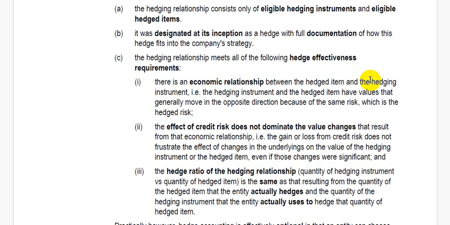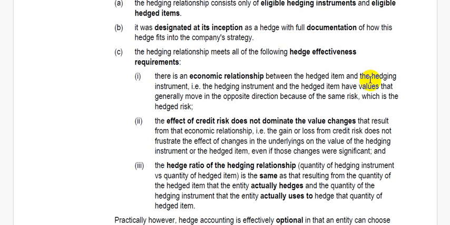And lastly, the hedge ratio of the hedging relationship, quantity of hedging instrument versus quantity of hedged item, is the same as that resulting from the quantity of the hedged item that the entity actually hedges and the quantity of the hedging instrument that the entity actually uses to hedge that quantity of hedged item.